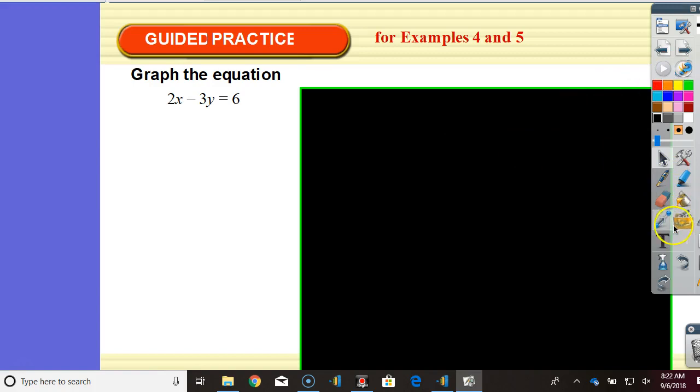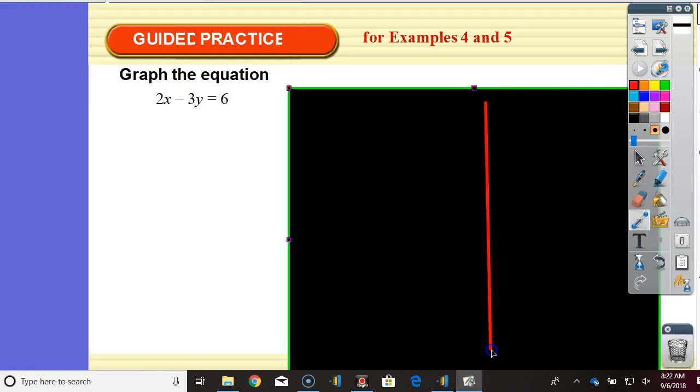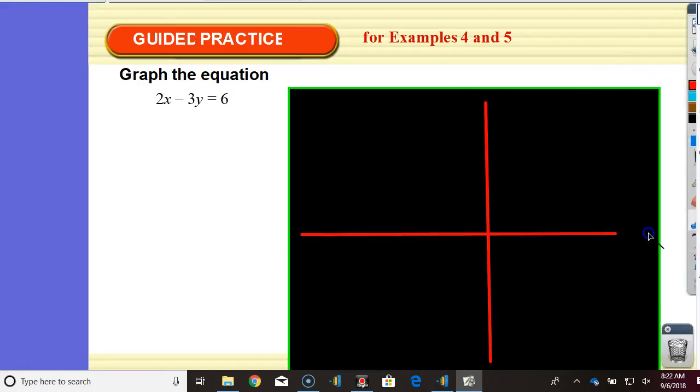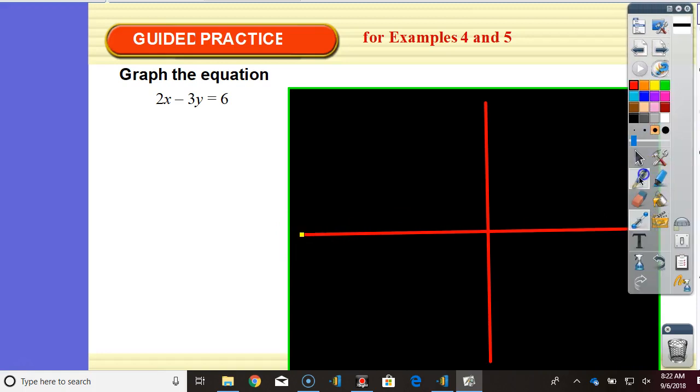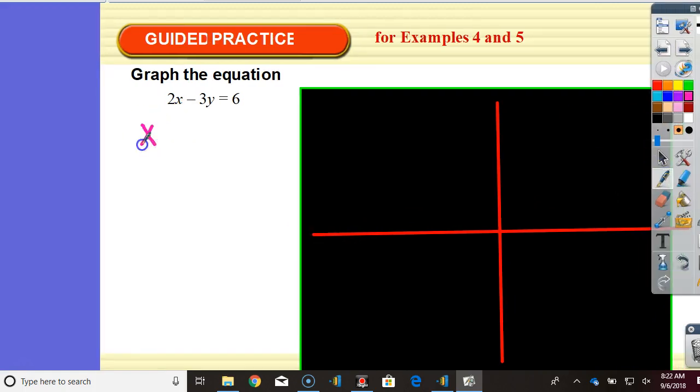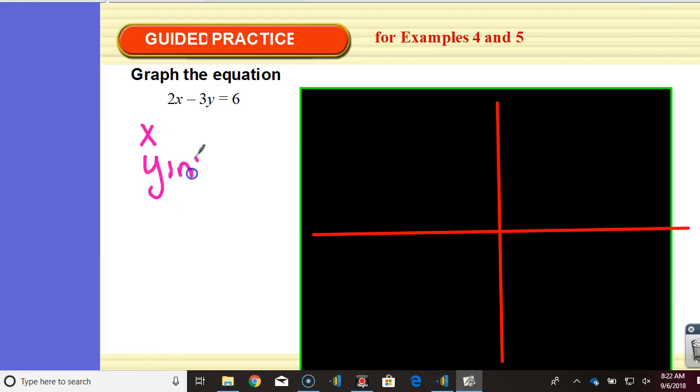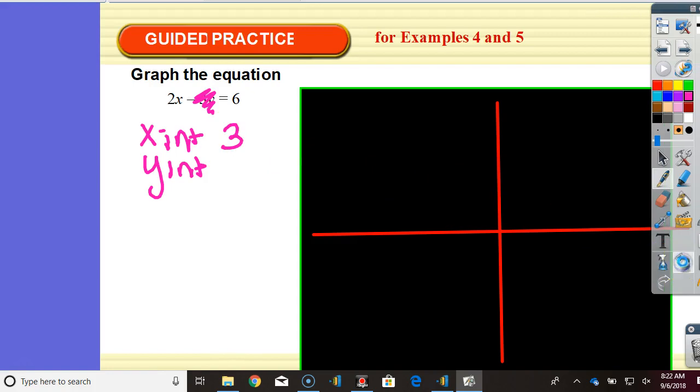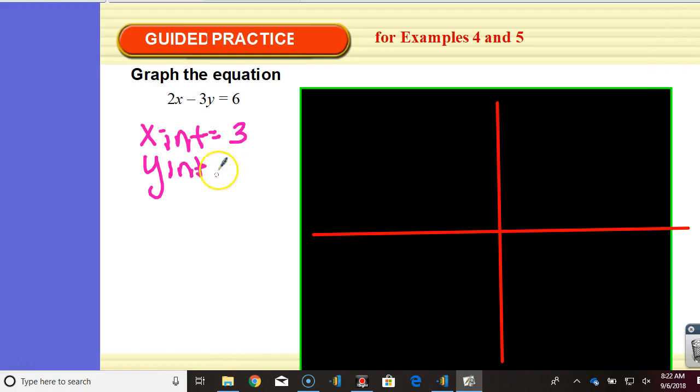Graph the equation of the line. All right, what is my y-intercept and my x-intercept? The x-intercept is when y is 0, so as if this is gone. Divide by 2 on both sides, x is 3. Y-intercept when x is 0.